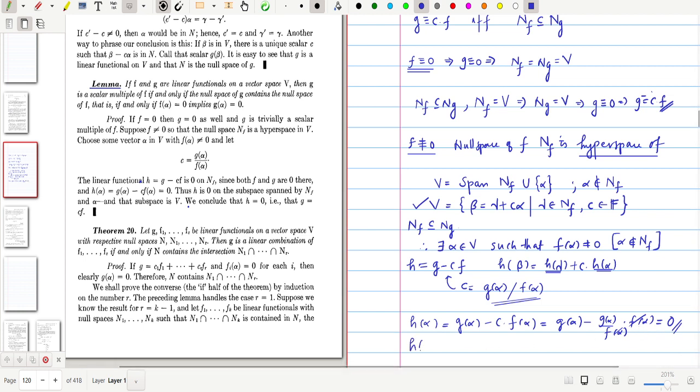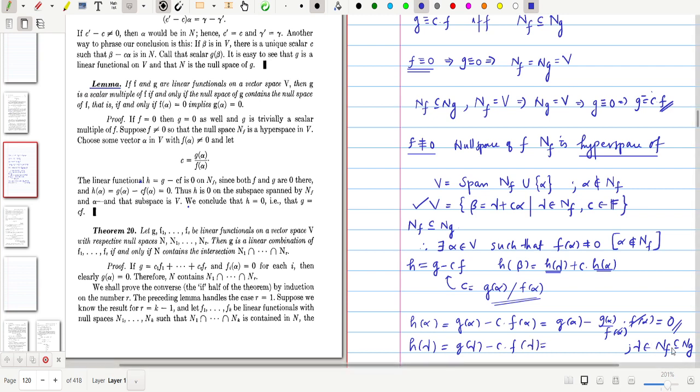Now you evaluate h gamma, an arbitrary element from NF. Our assumption is that gamma is an element of NF, but we know that NF is contained in NG. So from this you can say that f gamma is equal to 0 as well as g gamma is equal to 0. So h gamma is g gamma minus C times f of gamma. Since gamma comes from NF, f gamma is 0.